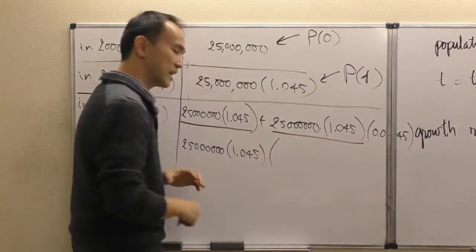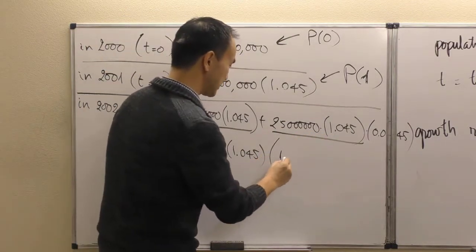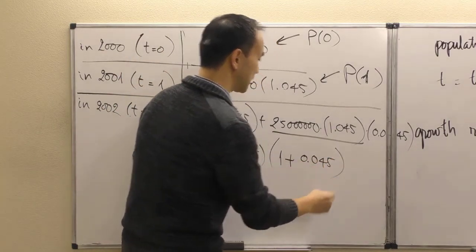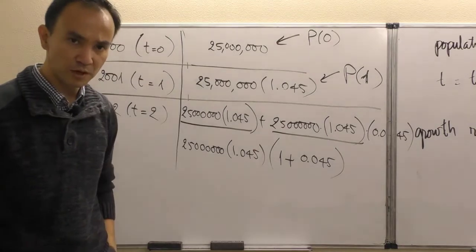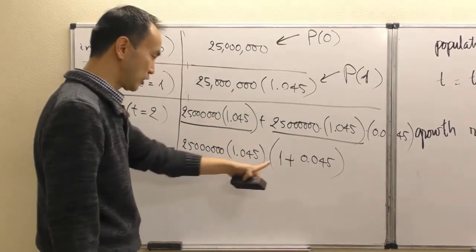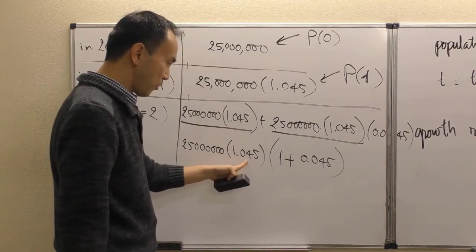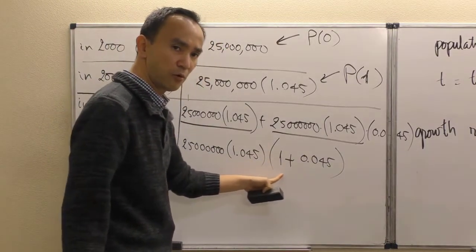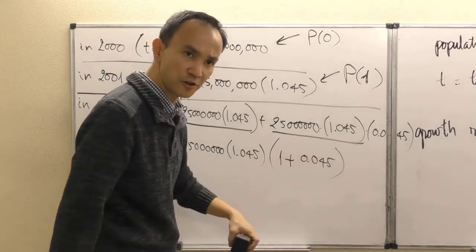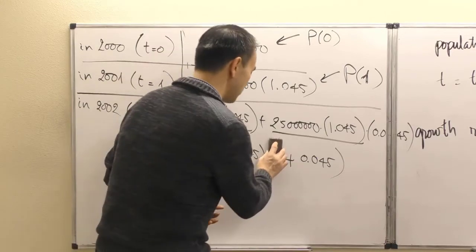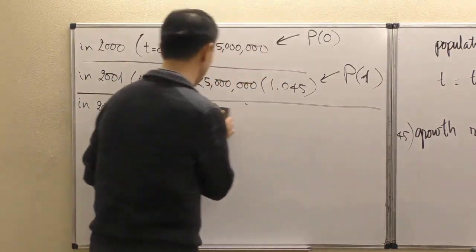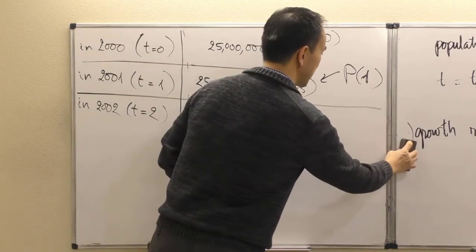Now I'm going to open another parentheses. What's in parentheses really is a 1 plus 0.045 again. It's another 1 plus 0.045. So that means altogether this is a factor of 1.045. This is another factor of 1.045 because 1 plus 0.045 is 1.045. All right, so putting it together, allow me to again erase this here to make some space for myself.